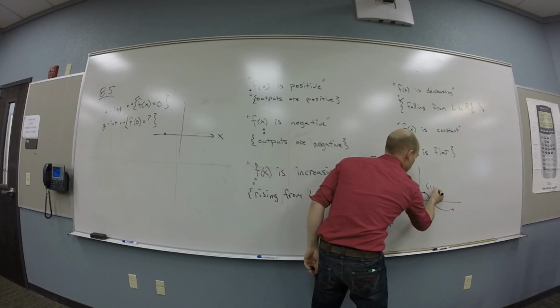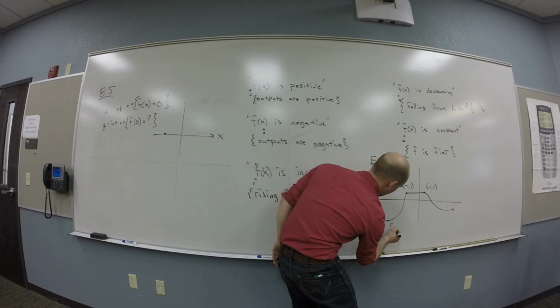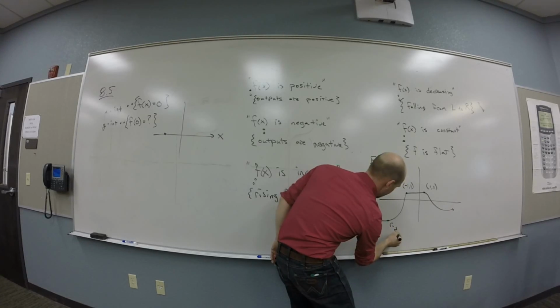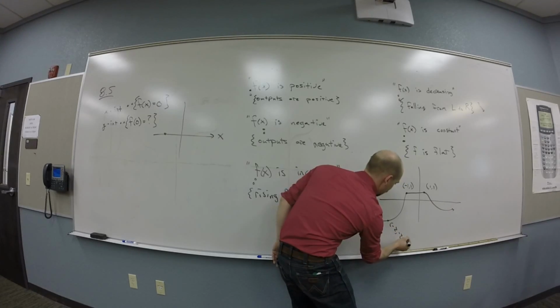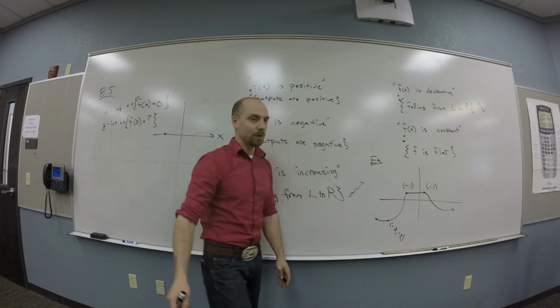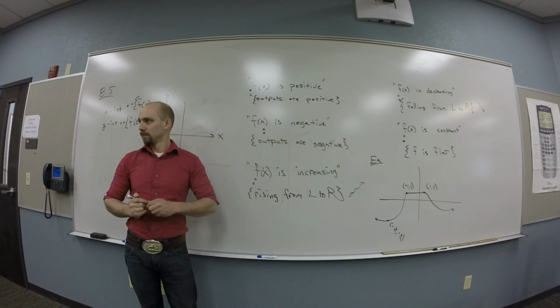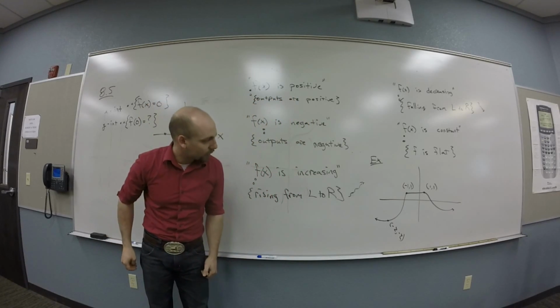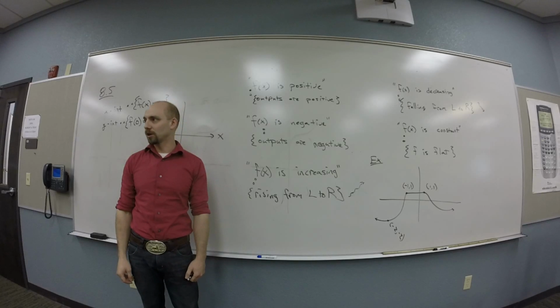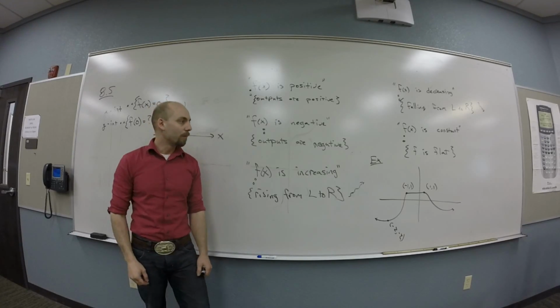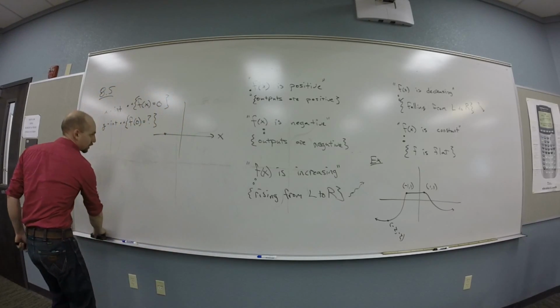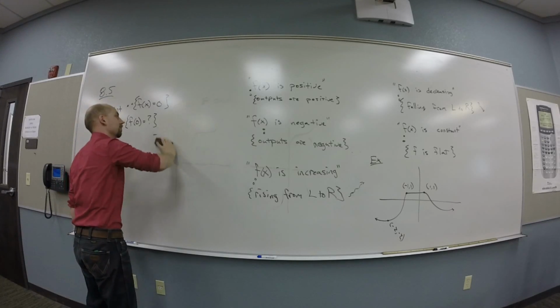Call that point 1, 1. And we'll call this point negative 2, negative 2. And this is a crummy picture, right? I really have got my scale all kinds of dorked up on that thing. But what am I wondering? What's the question I would ask to go with my example?